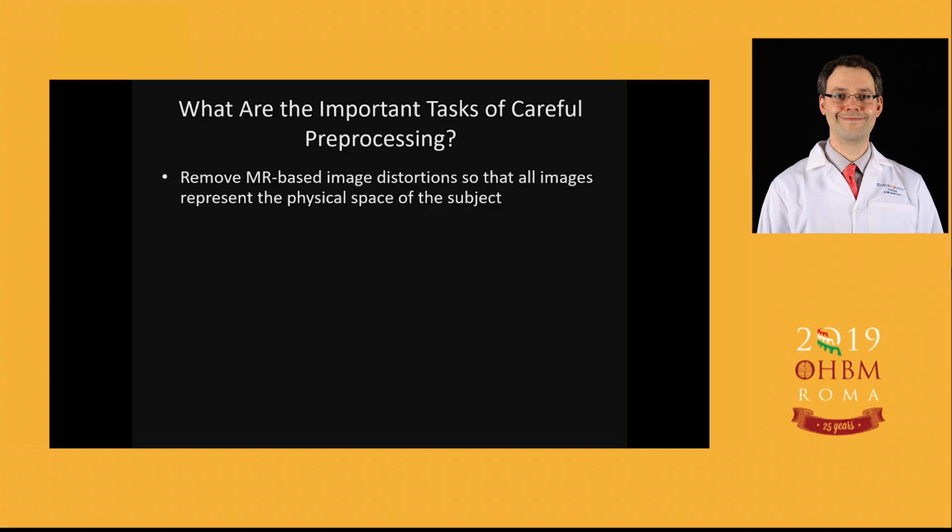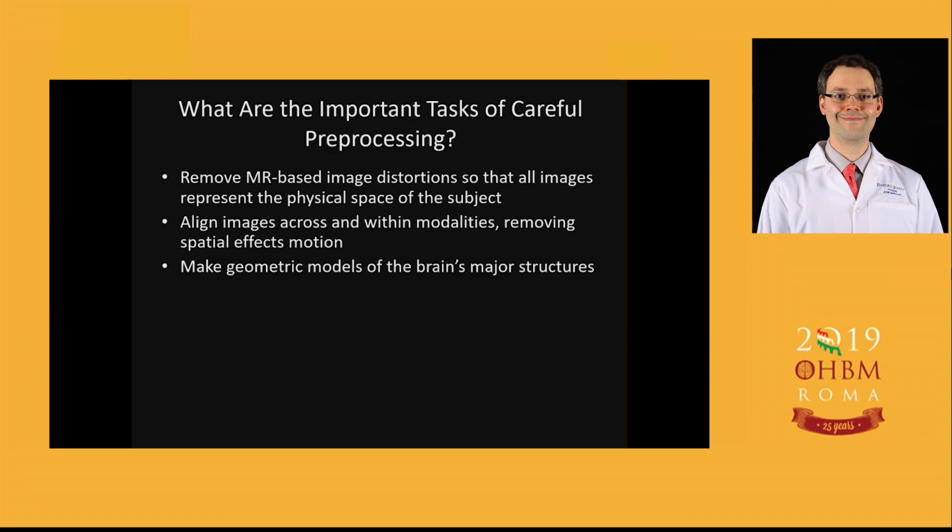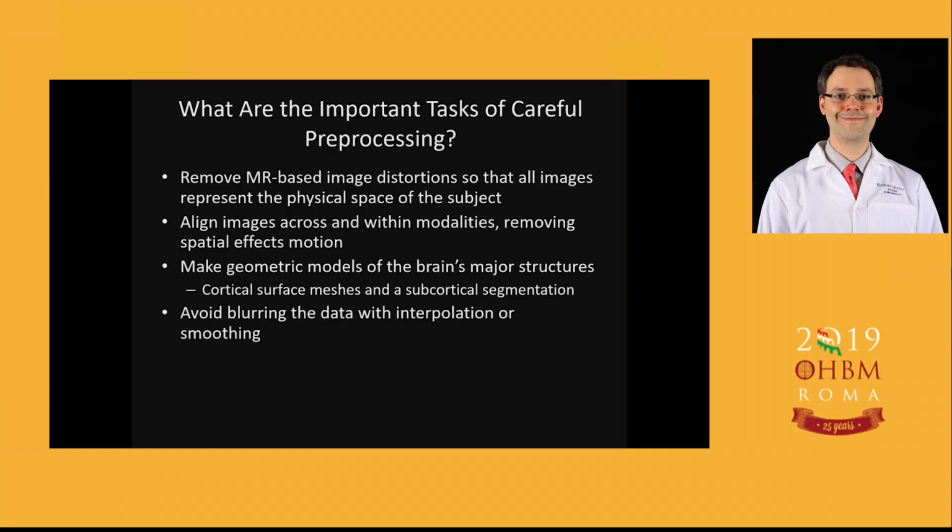So what do we want to do with pre-processing? We want to remove MRI-based image distortion so that all of the images represent the subject's physical space. We want to get images lined up across modalities and within modalities to get rid of the effects of motion. We want to make geometric models of the brain's major structures, things like cortical surface meshes and subcortical segmentations.